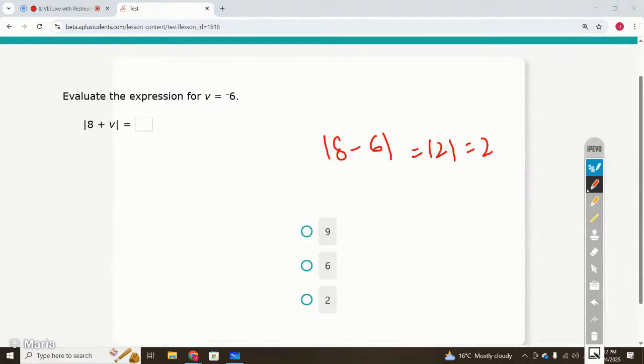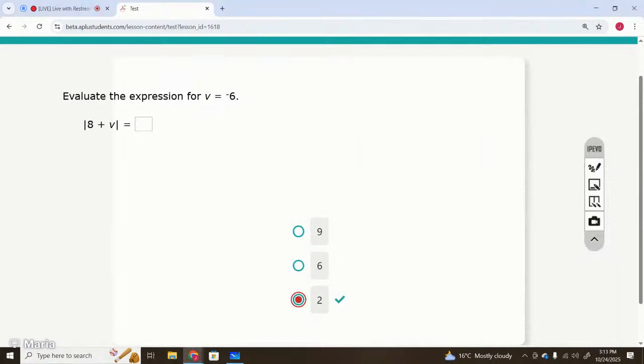So 8 minus 6 is 2. 8 minus 6 is 2. Option number 3 is the correct option.